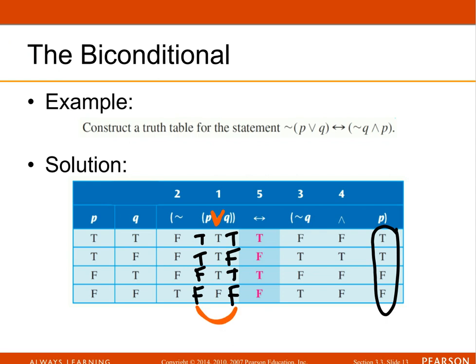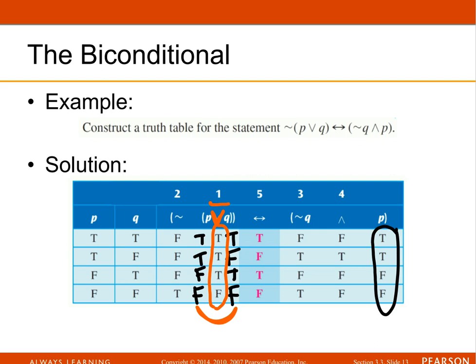It makes it a little easier in my brain. They didn't do that here, but if it's an or, at least one true. So true and true is true, true and false is true, false and true is true, false and false is false. So this column here is correct, obviously. And so that was step one that they did right there.